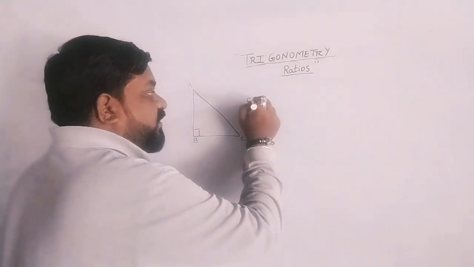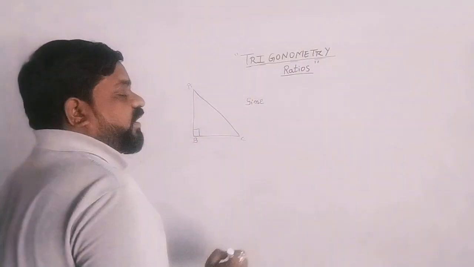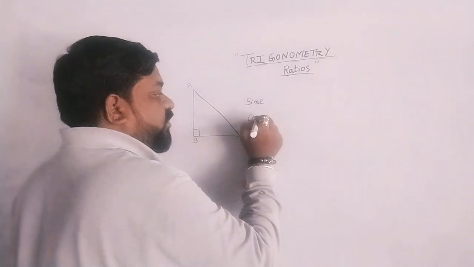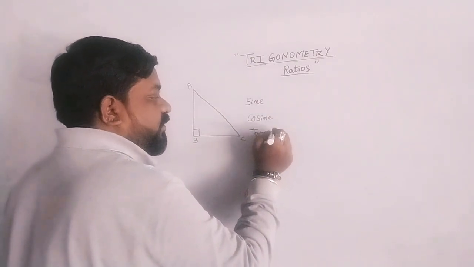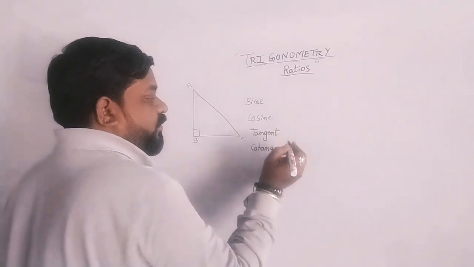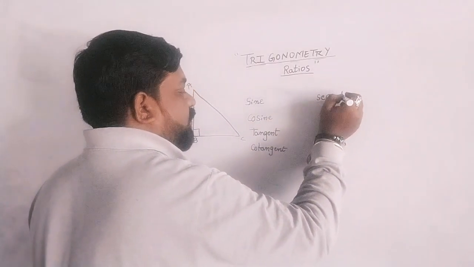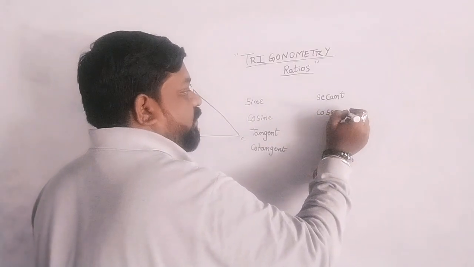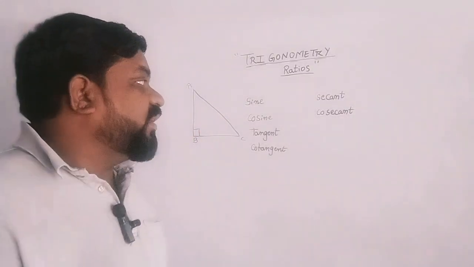Now we have 6 trigonometric ratios, that is sine, next cosine, next tangent, cotangent, secant, and cosecant. So these are the 6 trigonometric ratios.